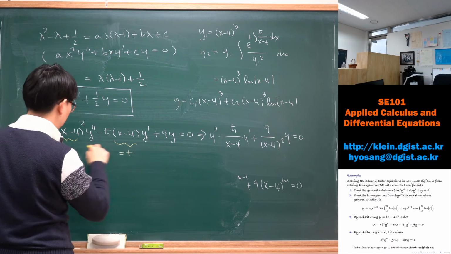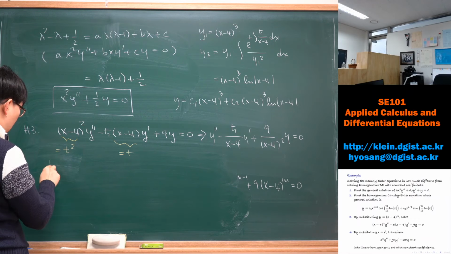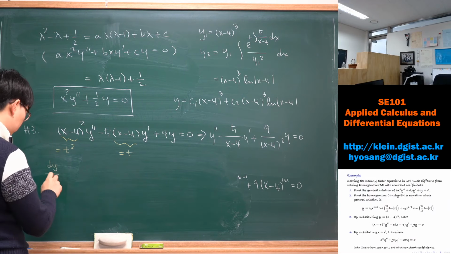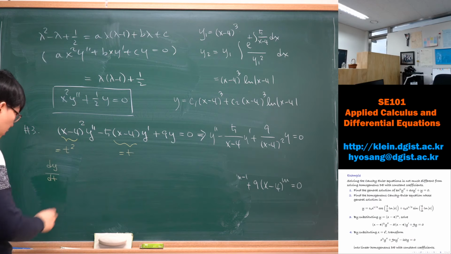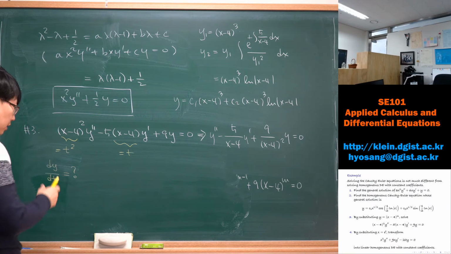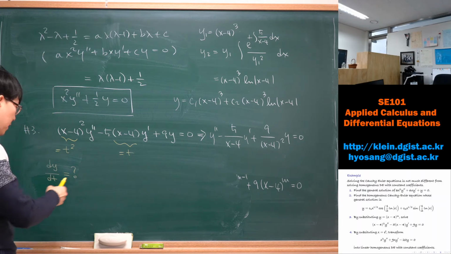This as t, this as t squared. So then, what is dy/dt? So instead of dy/dx, I want to think about dy/dt.